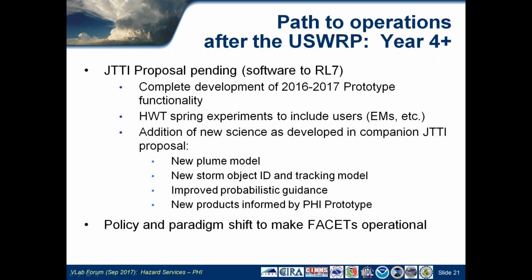If you're just using it straight out of the box, it seems to do okay, but if you're relying on it to partially automate the process of creating FEC plumes and which locations downstream are getting affected, some of these issues with the object ID and the tracking can cause bigger problems downstream. So you'll see on the list there in the end, that's one of the new areas of science in the companion proposal that's going to be looked at.